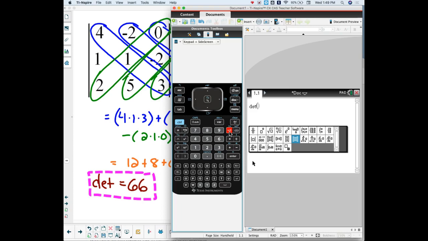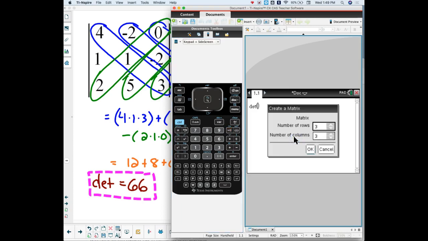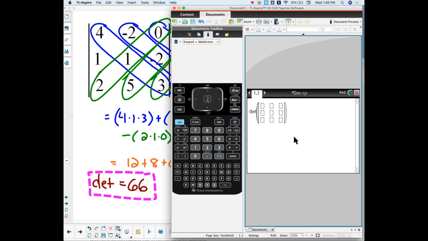The matrix shortcut key is in the shortcut key, and it's this blue one right here. That allows me to set whatever size I need of the matrix. In this case, I want a 3 by 3 matrix, and I would then type in -2 and 0, 1, 1, and -2, 2, 5, 2, 5, and 3. And then just by hitting enter, bam, there it is.